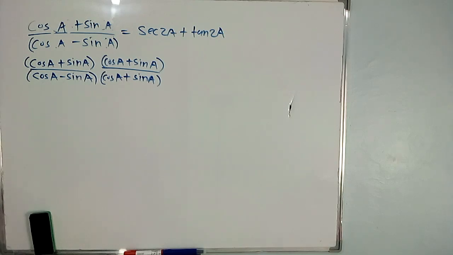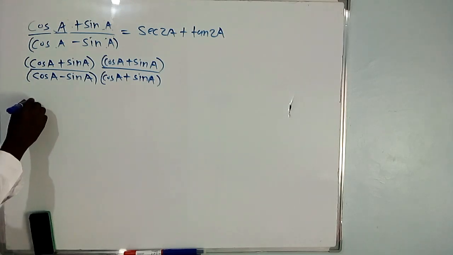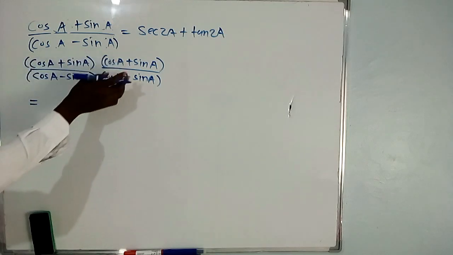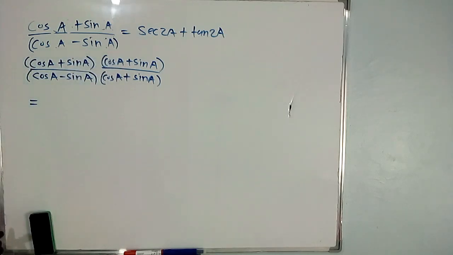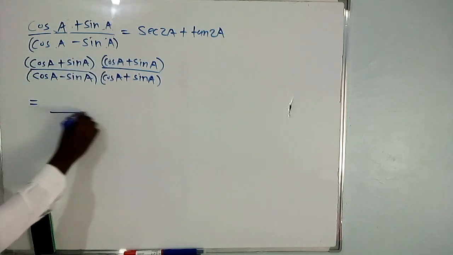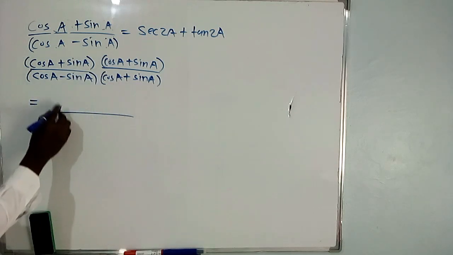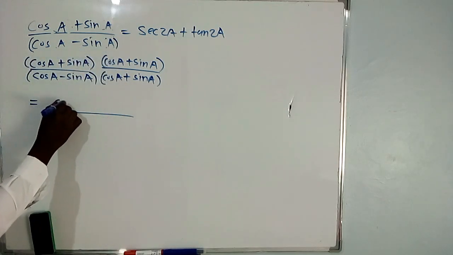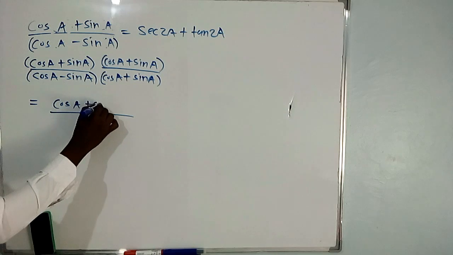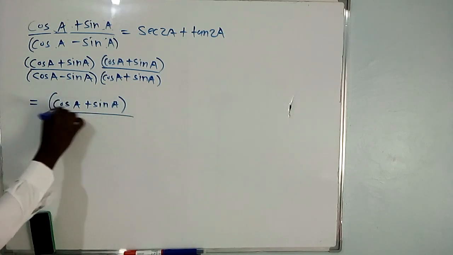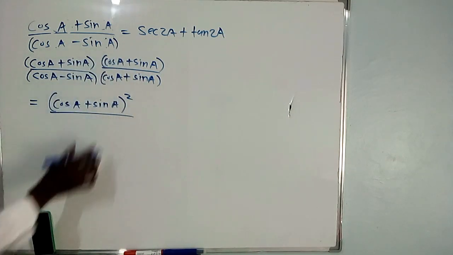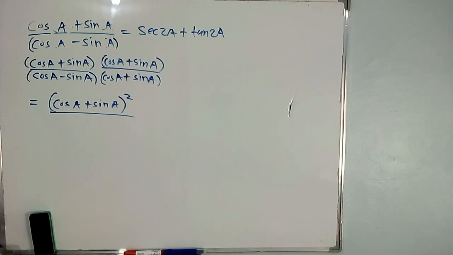In case you want to get rid of the denominator, you multiply with this conjugate, isn't it? The conjugate gives a difference of two squares. In the numerator we have (cos A + sin A) squared, because you multiply a factor by itself and you get that factor squared.